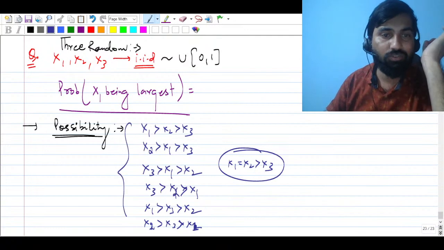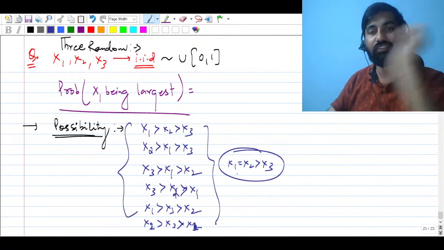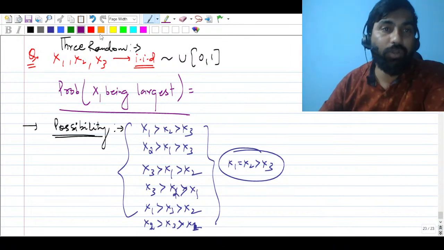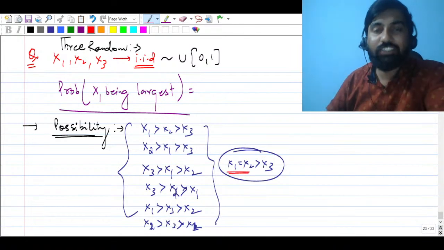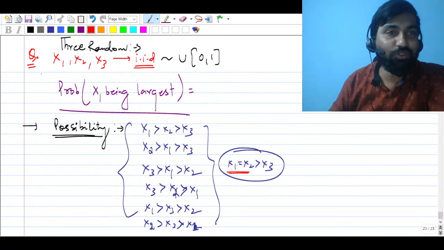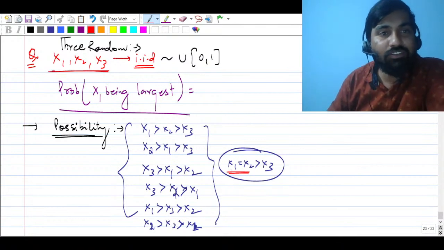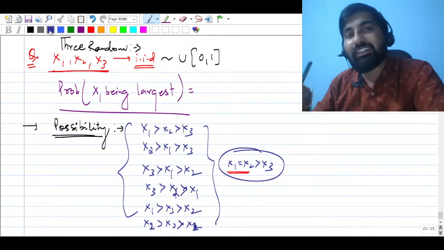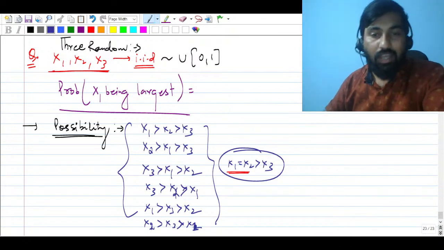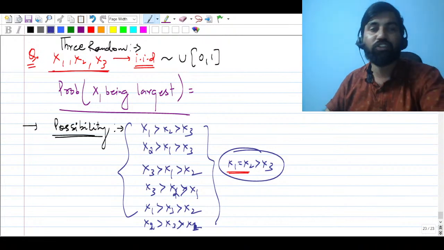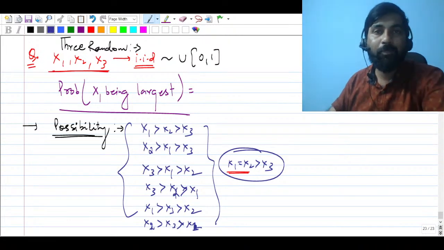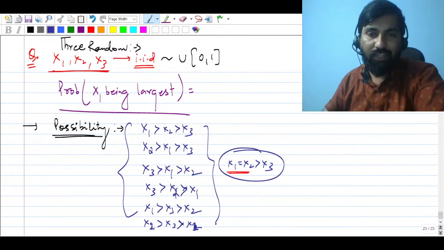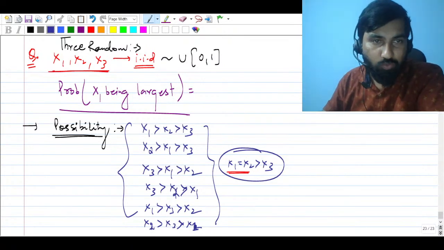So these are the possibilities out of all possibilities, because if any possibility has an equal sign, the probability for it will be zero. You know that here the three random variables are IID, identical independent distribution is given. So if you change the sequence, they are asking just that x1 is largest.